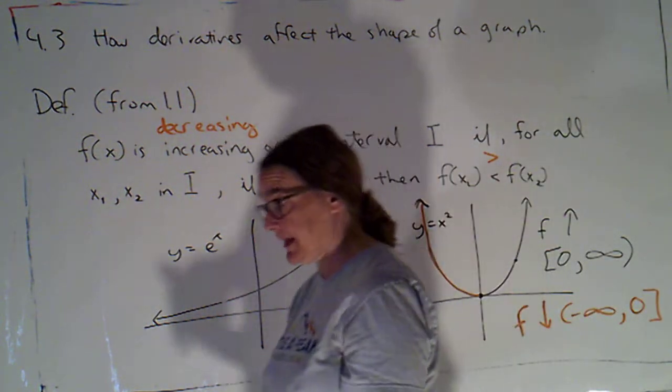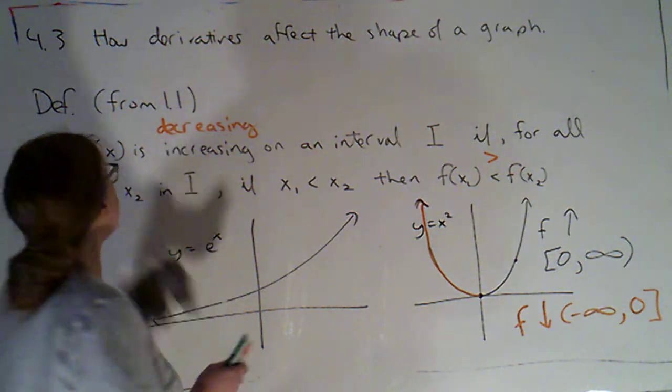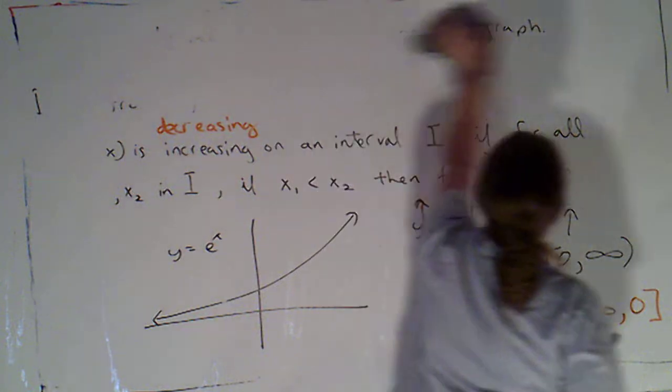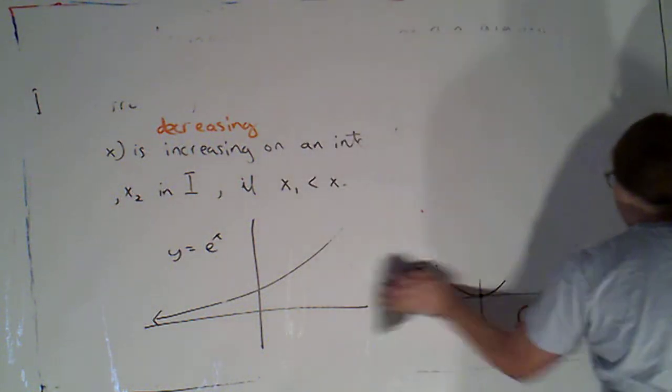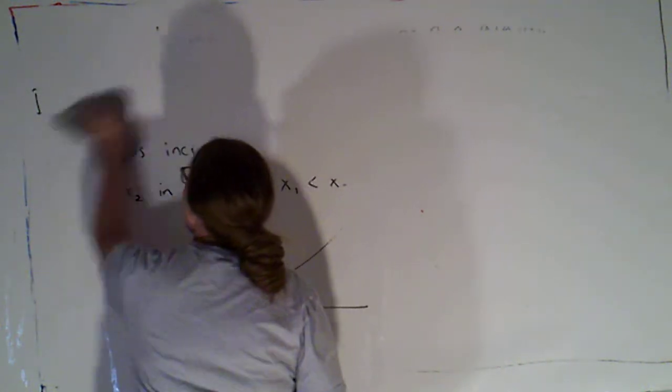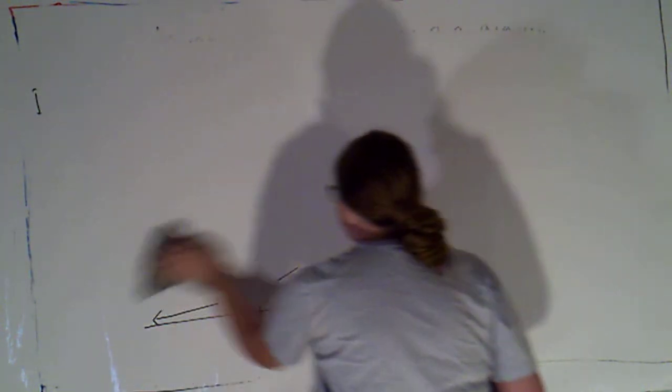What does that have to do with calculus? Well, when we've taken derivatives, we know that derivatives are slopes of tangent lines, and we've been using the fact that we're going to get a positive slope if the function is going up, and a negative slope if the function is going down.